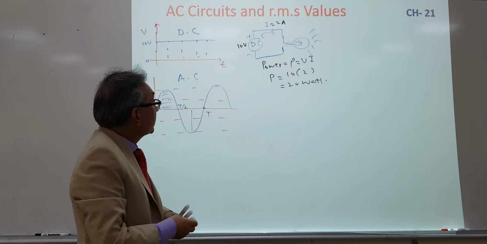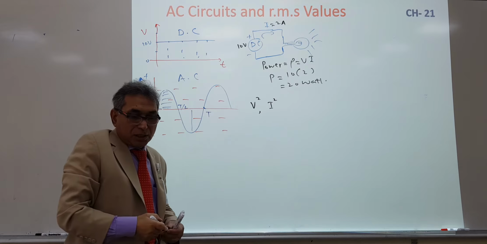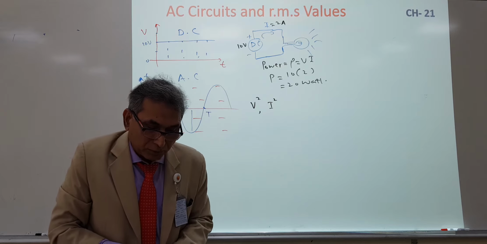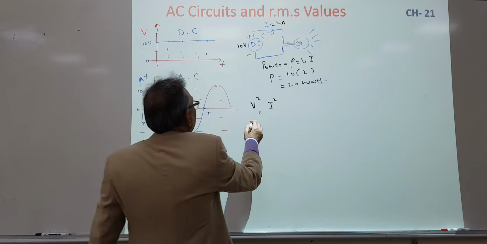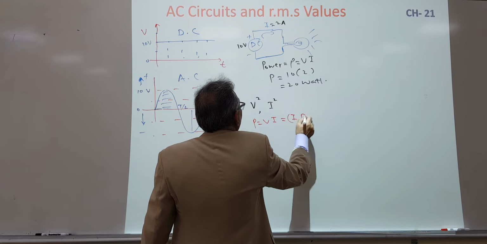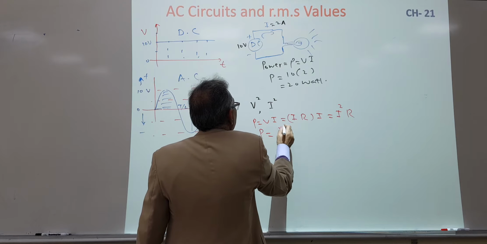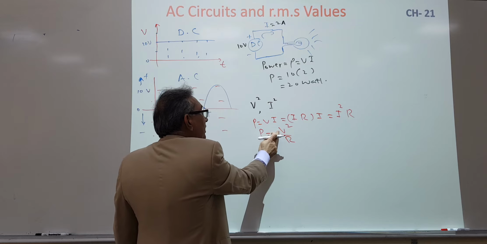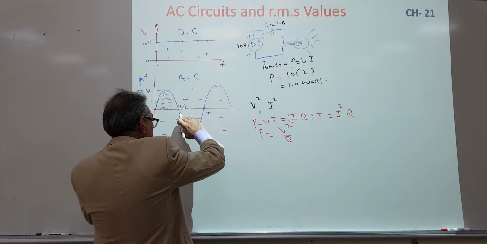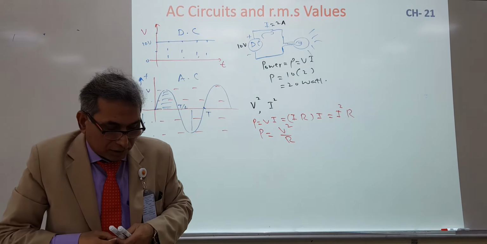But taking the square of the voltage or the square of the current will solve the problem for power calculation. Because power is VI, and V is equal to IR, so it is equal to I squared R, and you also have power equal to V squared over R. So even for the negative values, you get a positive value, so it will not affect your power calculation.